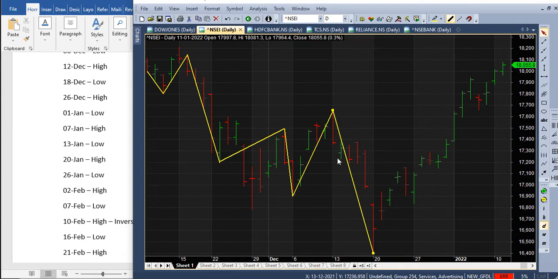Normally, if I see a setup like this, I normally double up my positions because I already have drawn a trend line like this from 13th to 20th, okay, because 20th is supposed to be low. Sorry, 18th is supposed to be low, but okay, we can take that.